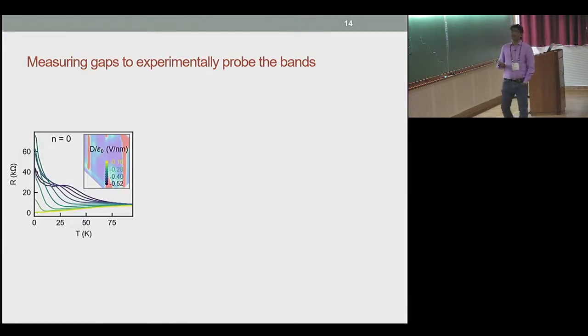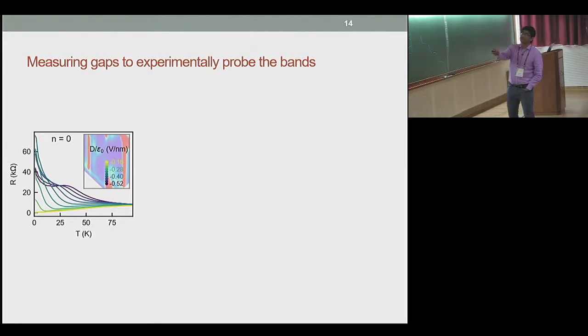So when we do experiments as a function of temperature, density, and electric field, these are just the resistance measured as a function of temperature at different points in electric field, and as you go along the x-axis, your different doping level of this system. This is the charge neutrality point, the vertical line.